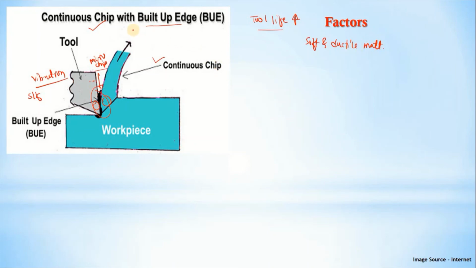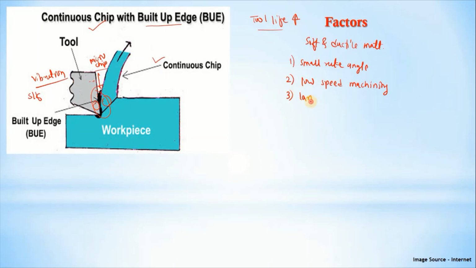Second, when we are providing a small rake angle. Third, low speed machining, which means the velocity of chip will be low, so any microchips there, due to local heat and temperature, will adhere or weld on the tool surface.